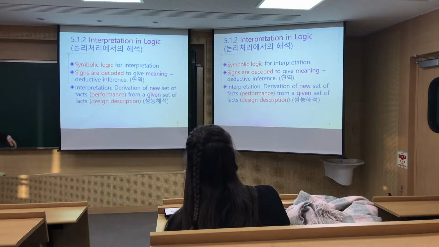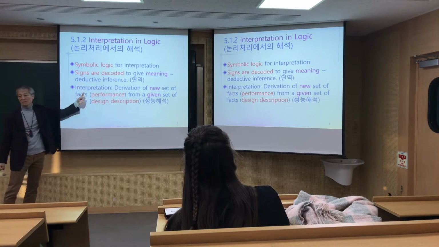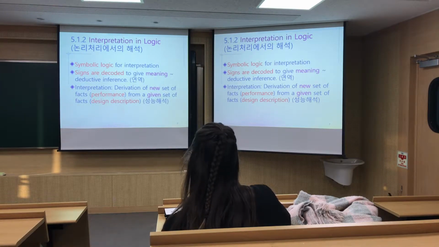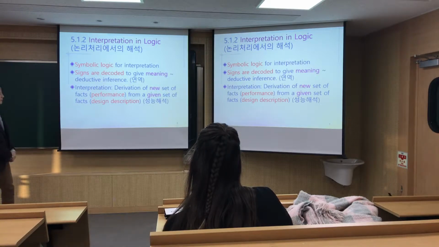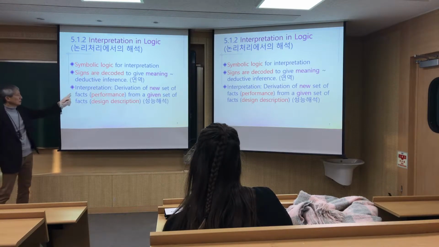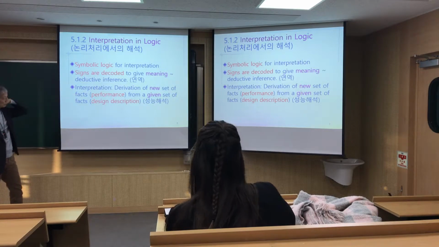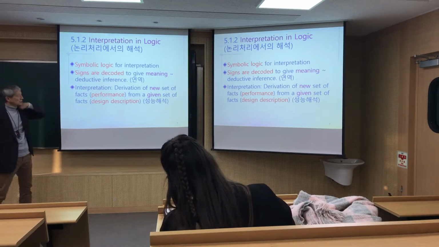So we call this a deductive inference, not abductive, not inductive, right? Deductive. Deduction is similar to interpretation. Interpretation is trying to derive a new set of facts, or we can say implicit facts, implicit performance, from a given set of facts, the design description.